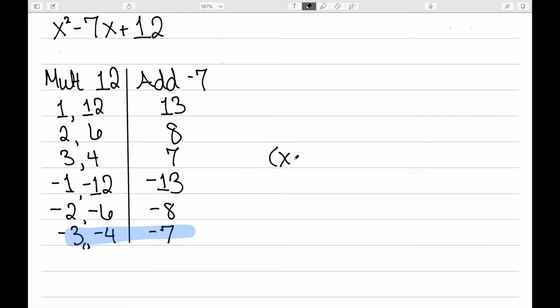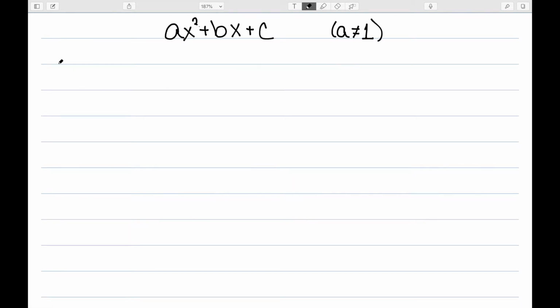We'll write this as x minus 3, x minus 4. So this only happens if I want it to multiply to be a positive number but add to be a negative, in which case we really need to be considering negative numbers and how multiplying two negatives will give us still the positive that we need.